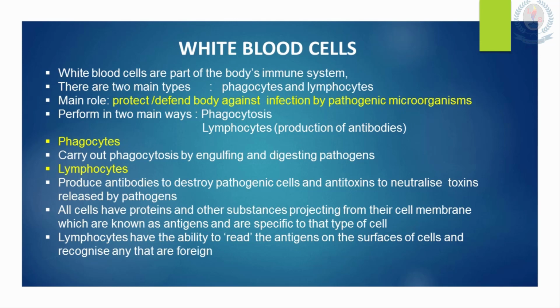They produce antibodies to destroy pathogenic cells, and antitoxins to neutralize the toxins released by those pathogens. All cells have proteins and other substances projecting from their cell membrane, which are known as antigens, and they are specific to that type of cell.